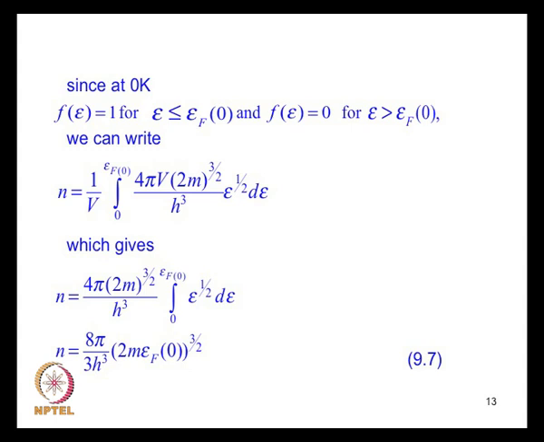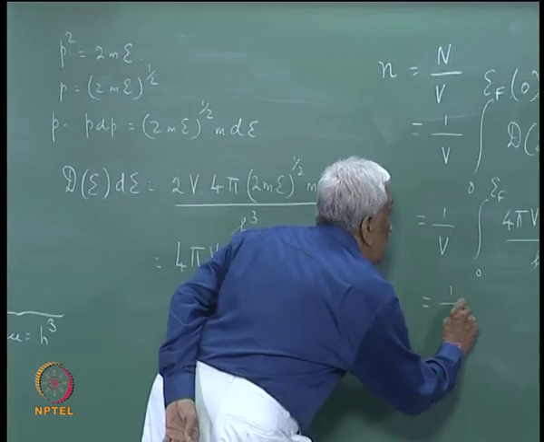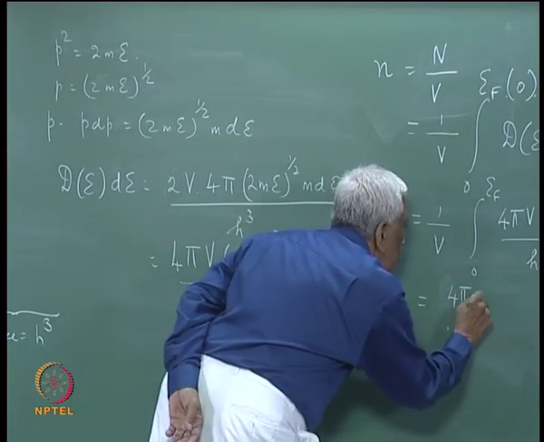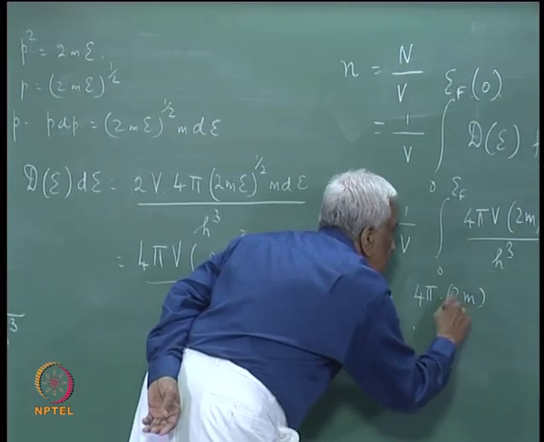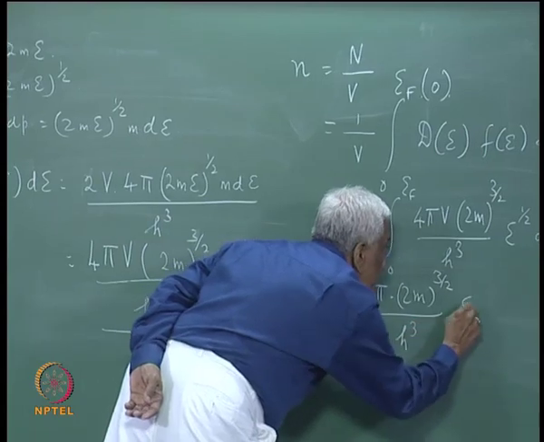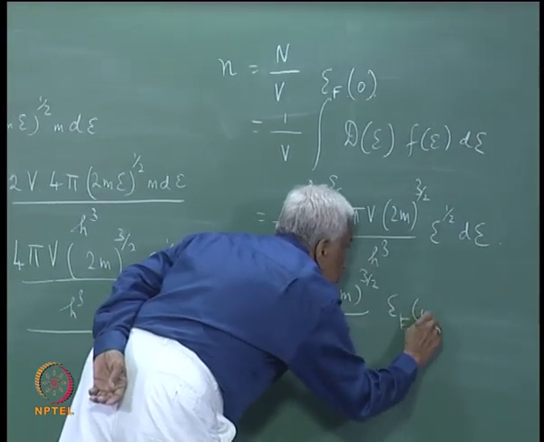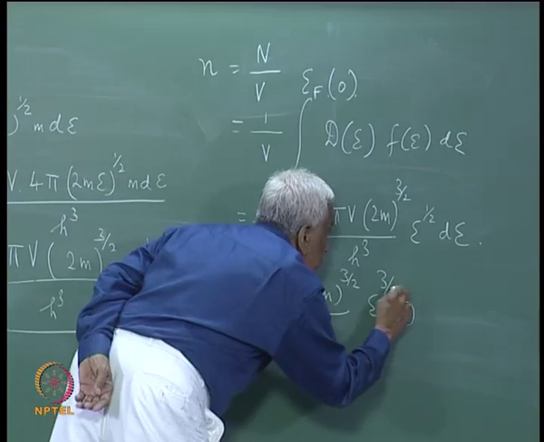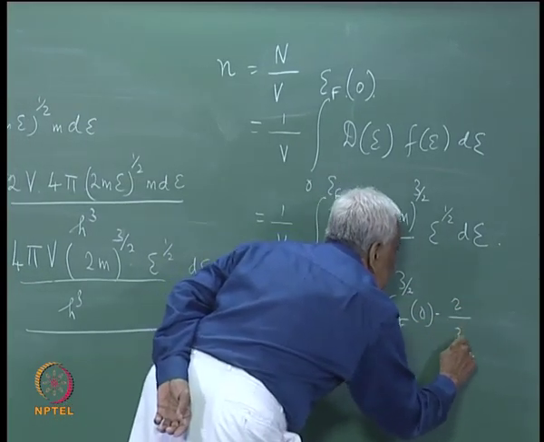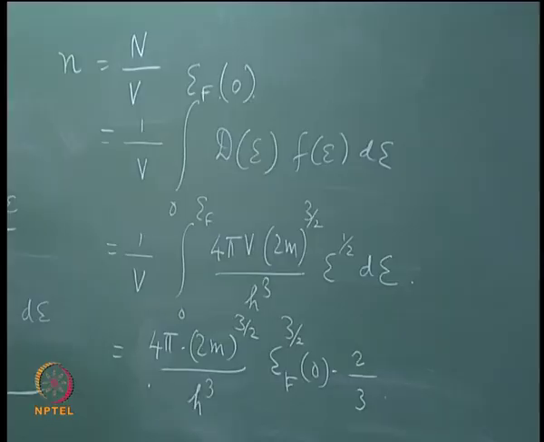So, we can write this, all these constants can be factored out, V cancels off, 4 pi 2m to the power 3 by 2 by h cube EF at 0 to the power 3 by 2 into 2 by 3 as a result of integration.